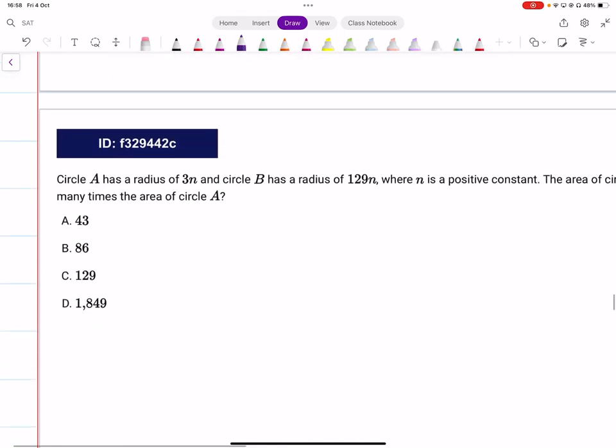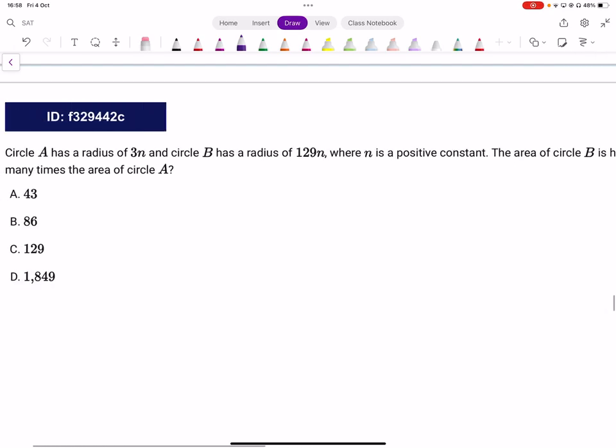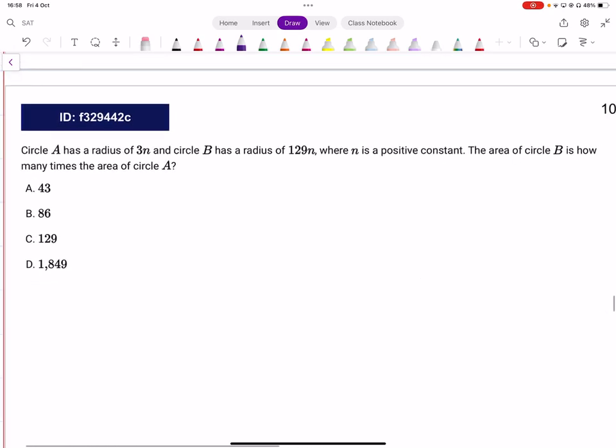All right, the last one from this PDF is question 10. A circle A has radius 3n and circle B has radius 129n, where n is a positive constant. The area of circle B is how many times the area of circle A? Area of circle A. What's area given by?